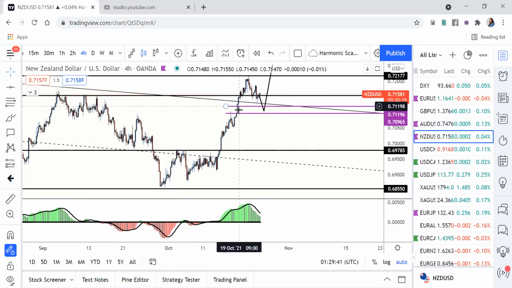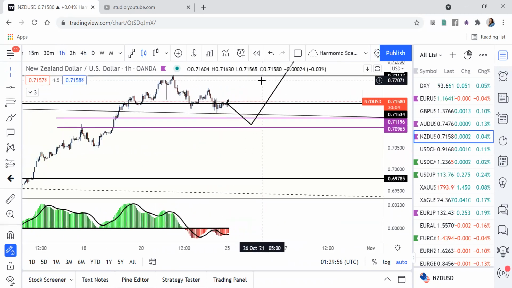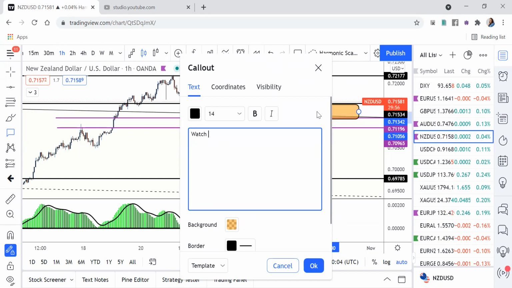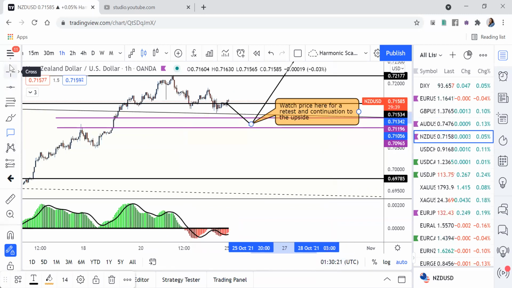Nice 4-hour imbalance candle as well. So I'm looking for price to come into this zone, retest, and then continue to the upside. That's on NZDUSD.